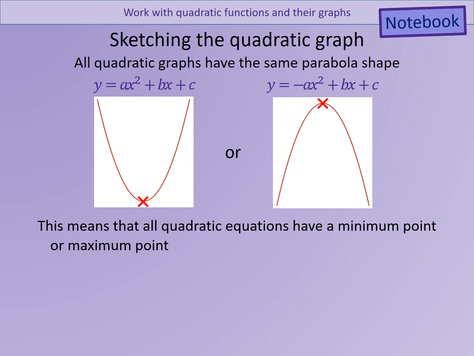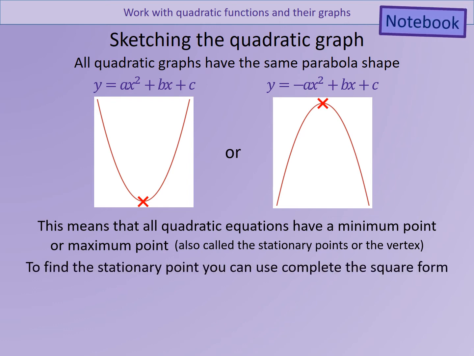So this is illustrating again that all quadratic equations have either a minimum point or a maximum point, and on the previous slide I did say that that can be called other things like stationary points, turning points, or the vertex. To find the stationary point, we use the completed square version of the quadratic.